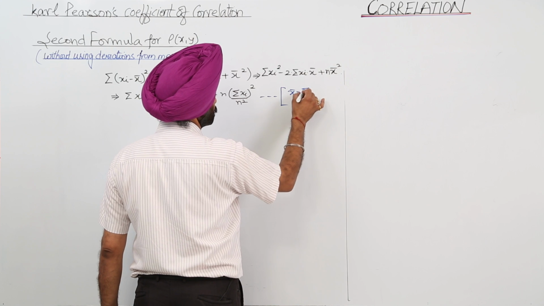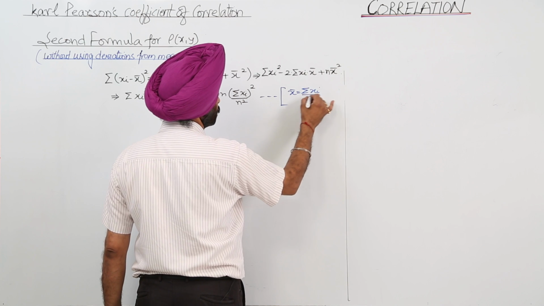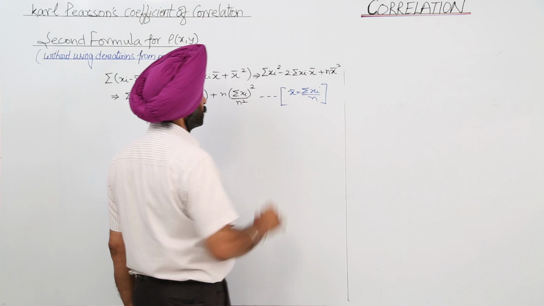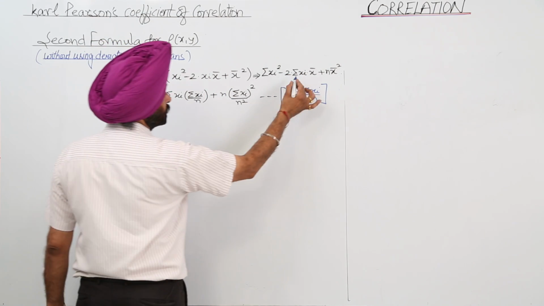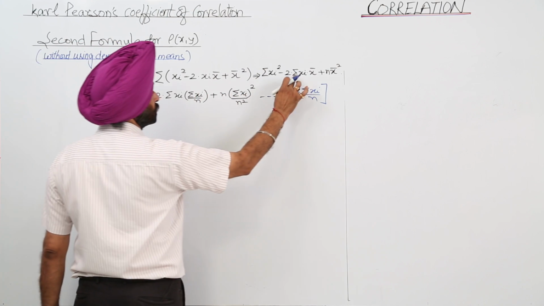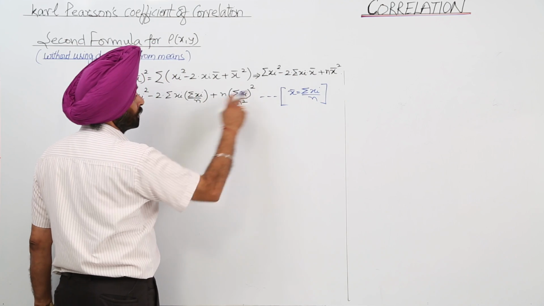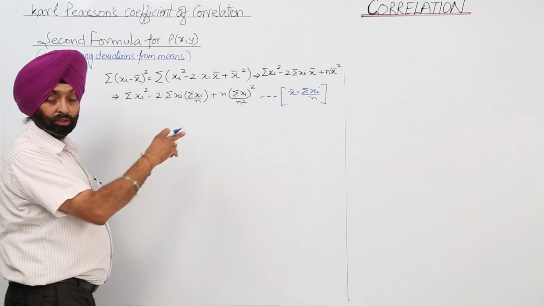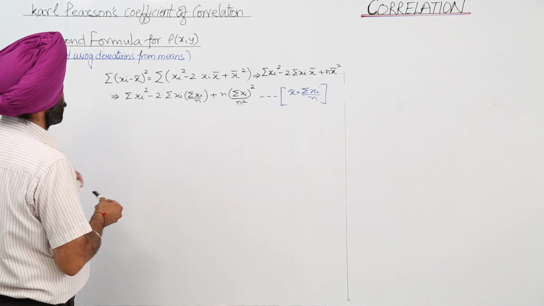X mean is what? Summation of all the terms upon total number of the terms. So here in this place I have used this part, in x mean here and x mean here. Is it clear?